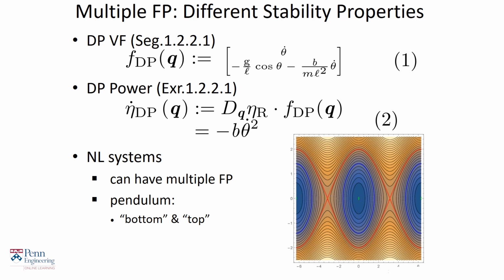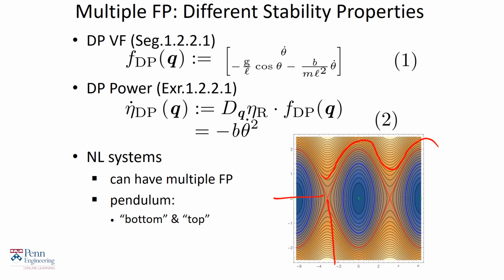Whereas if you're at the top, if your angle is 2 pi away, or negative 2 pi away, and your velocity is 0, and you're exactly pointing up, then you'll stay put. But if you deviate in the slightest bit from this fixed point, you're going to be swinging around the fixed point forever. You're going to be orbiting around and around and around, which is what that orbit is showing you.